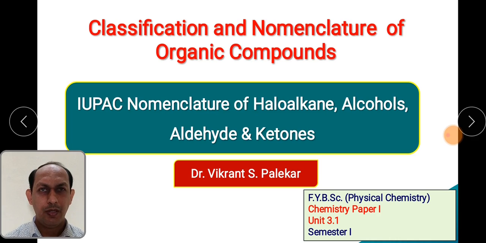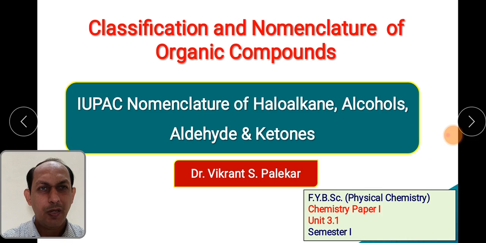Welcome on the topic classification and nomenclature of organic compounds. This is the third session we are doing on the IUPAC nomenclature. Till now, we have seen the basic rules and classification regarding the organic compounds. And also, in the last part, we have seen the basic rules about the nomenclature of alkanes, alkenes, alkynes, and alicyclic hydrocarbons.